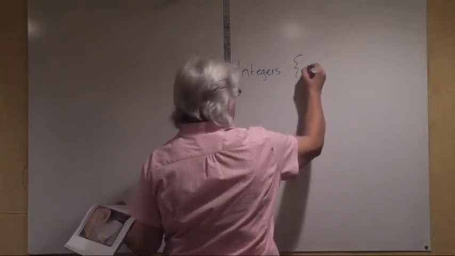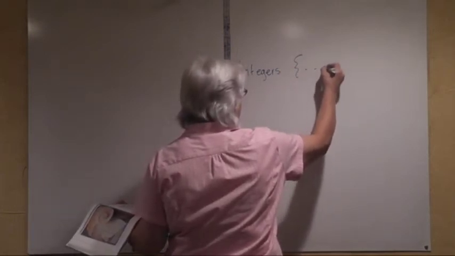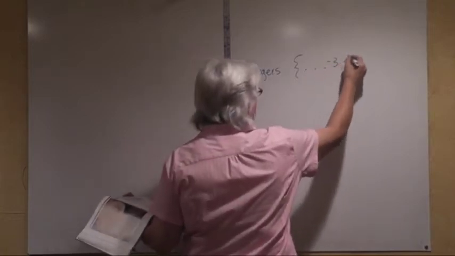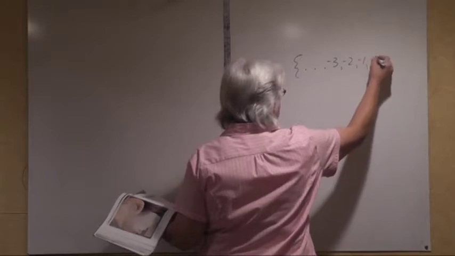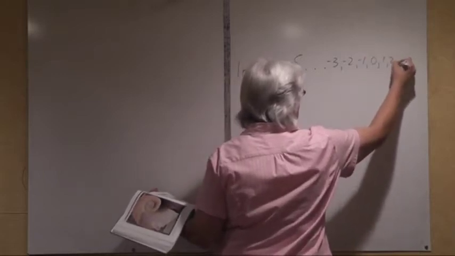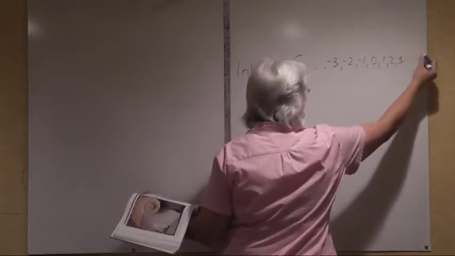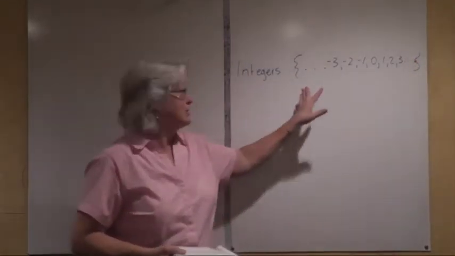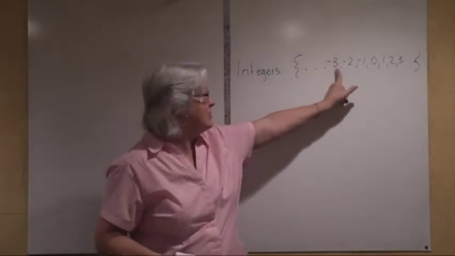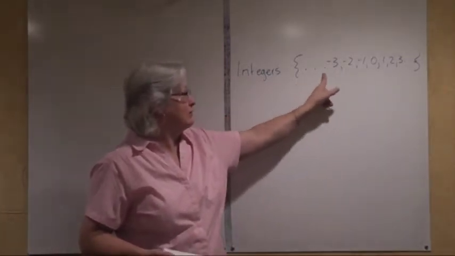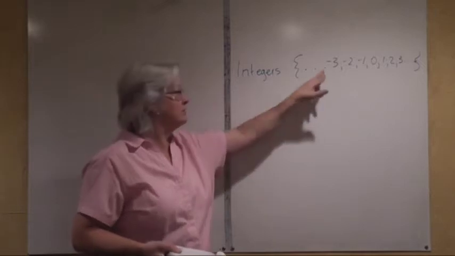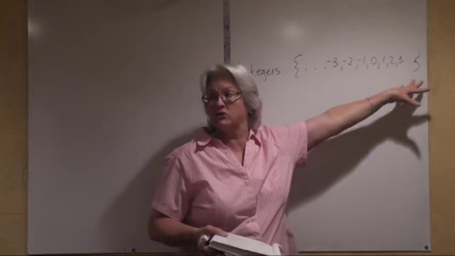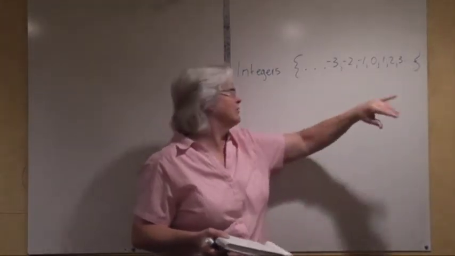We use what we call set builder notation. -3, -2, -1, 0, 1, 2, and 3. And what these ellipses mean is that this pattern continues forever. Before you get to -3, the pattern continues forever, and in the positive direction with numbers that are greater than 3.